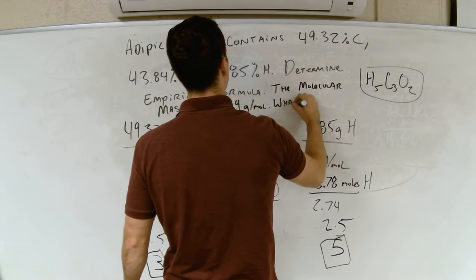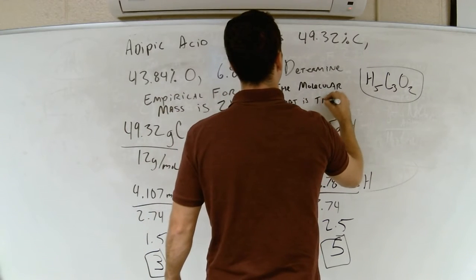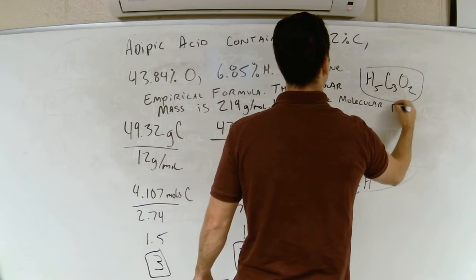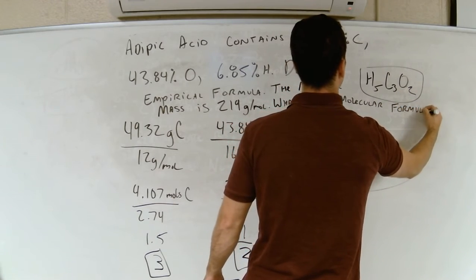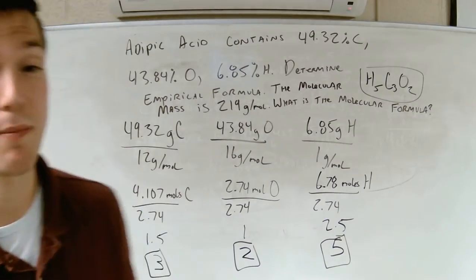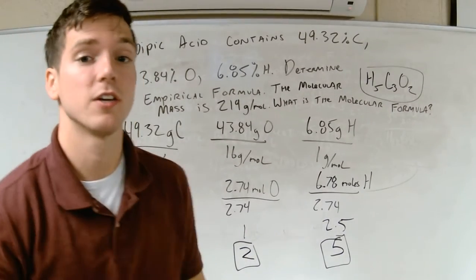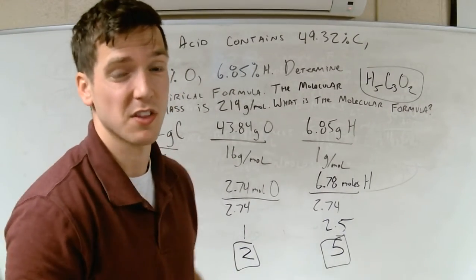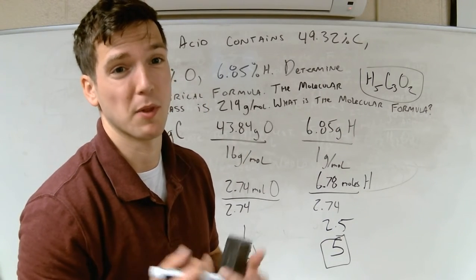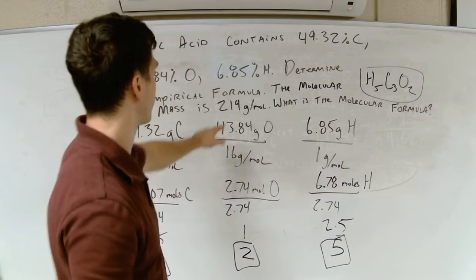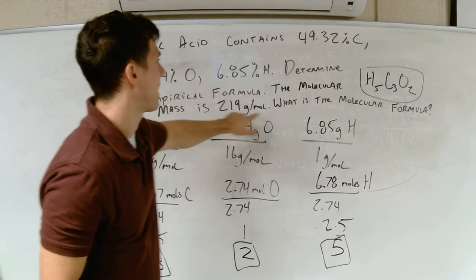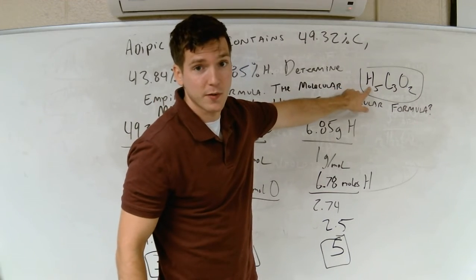What is the molecular formula? They might add this on there. What they give us is the molar mass of the larger formula, the molecular formula. So what we got to do is take the molar mass of the molecular formula and divide it by the molar mass of our empirical formula.